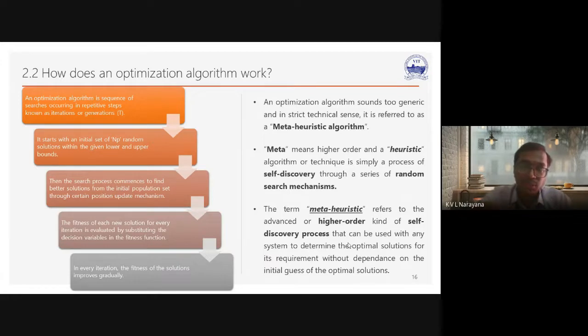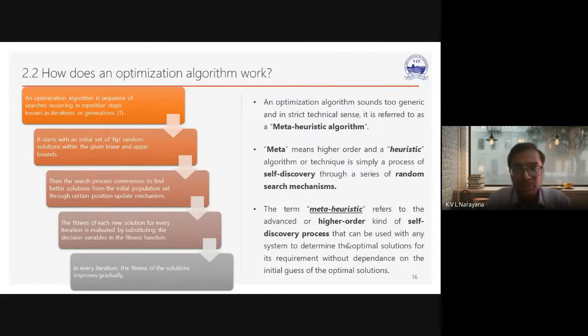In a group of people, the people have different knowledge levels. So when they interact, they share knowledge with each other. That mechanism is used to change the positions of the solutions in the search space.